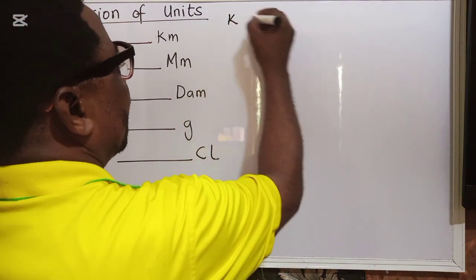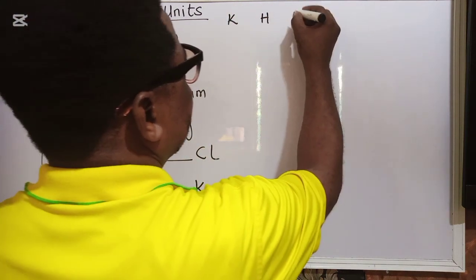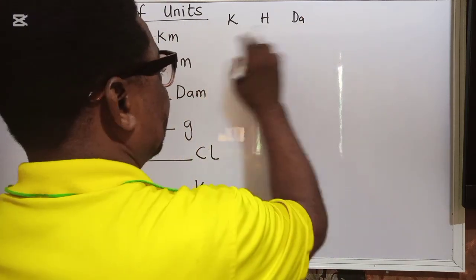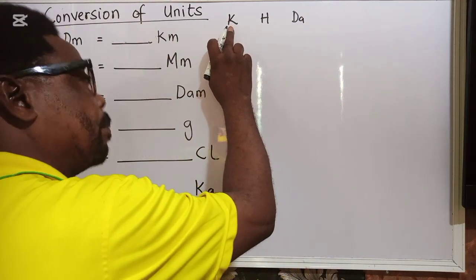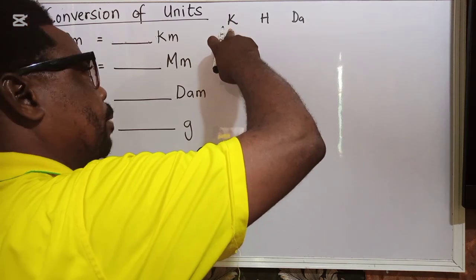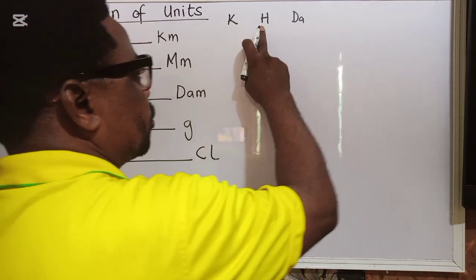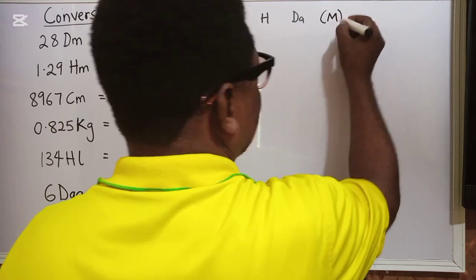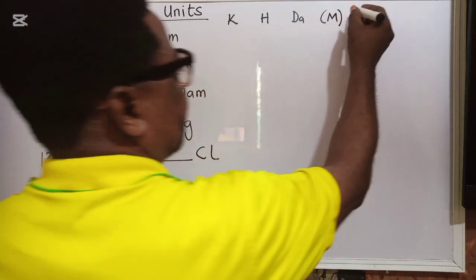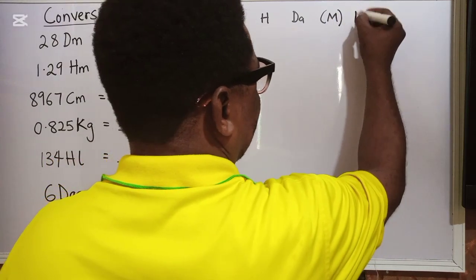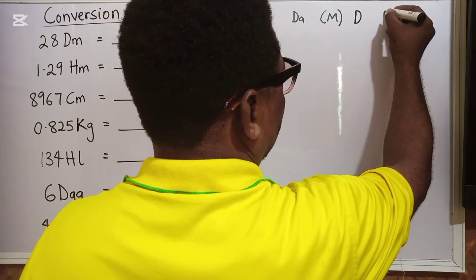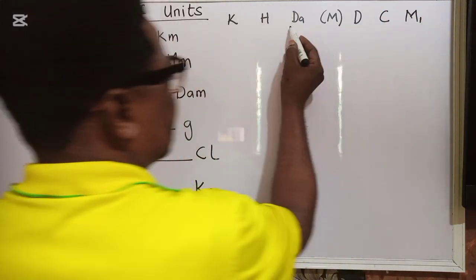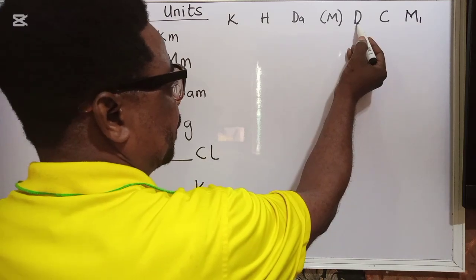This is kilo and this is hecto, this is deca. Let's put the DA there. That's decameter. It can be kilometer, it can be kilogram, it can be kiloliter. Let's just give it meter. After meter we have decimeter, centimeter, and millimeter.